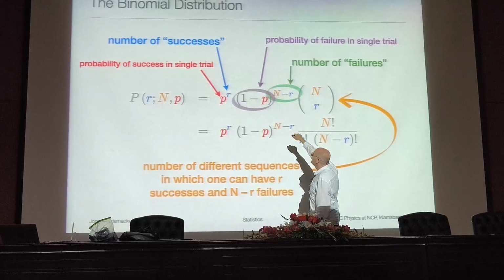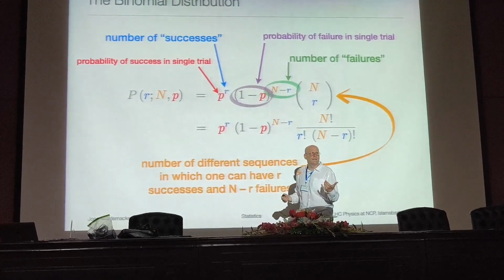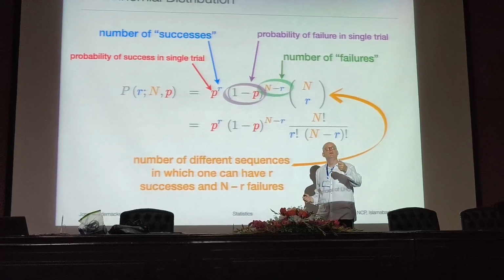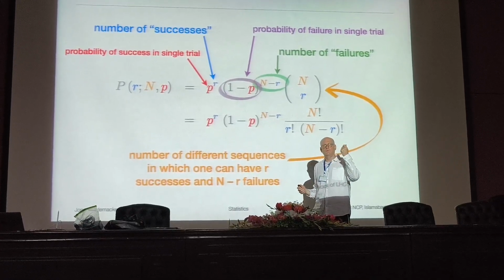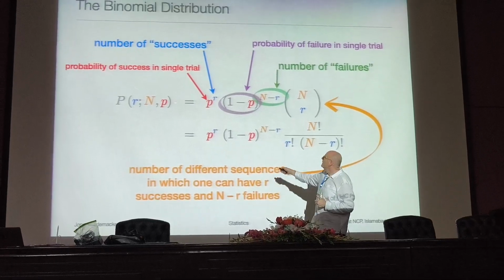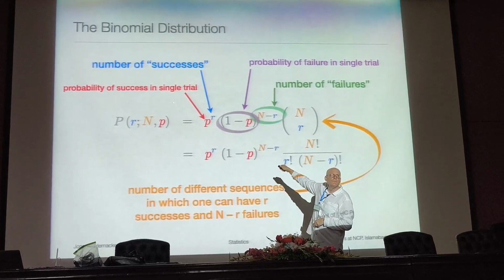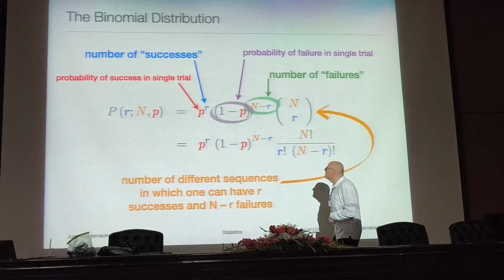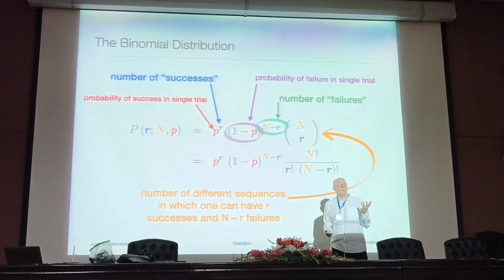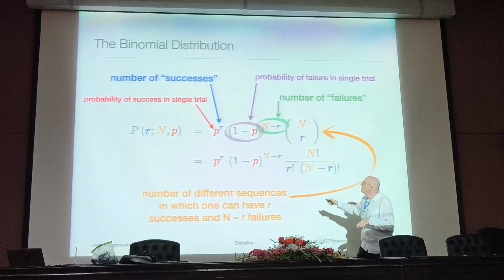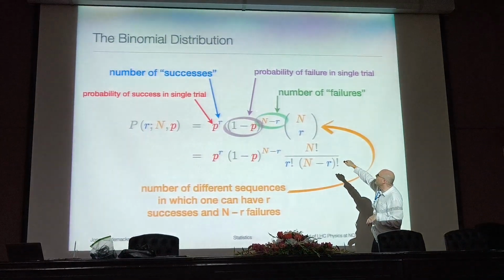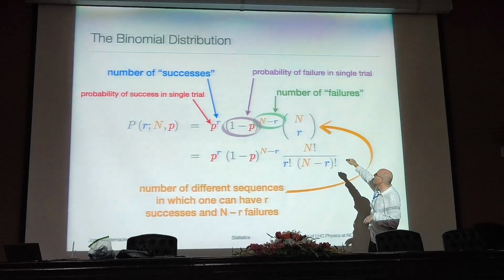So if I try R times and I want R successes, the probability of success with 1 try is P, 2 tries and 2 successes is P times P, 3 times and 3 successes is P times P times P, etc. So that gives me P to the power of R. And then say, okay, after I've had my R successes, I want n minus R failures. The probability of a failure is 1 minus P, and the probability of n minus R failures is then (1 minus P) to the power of n minus R.